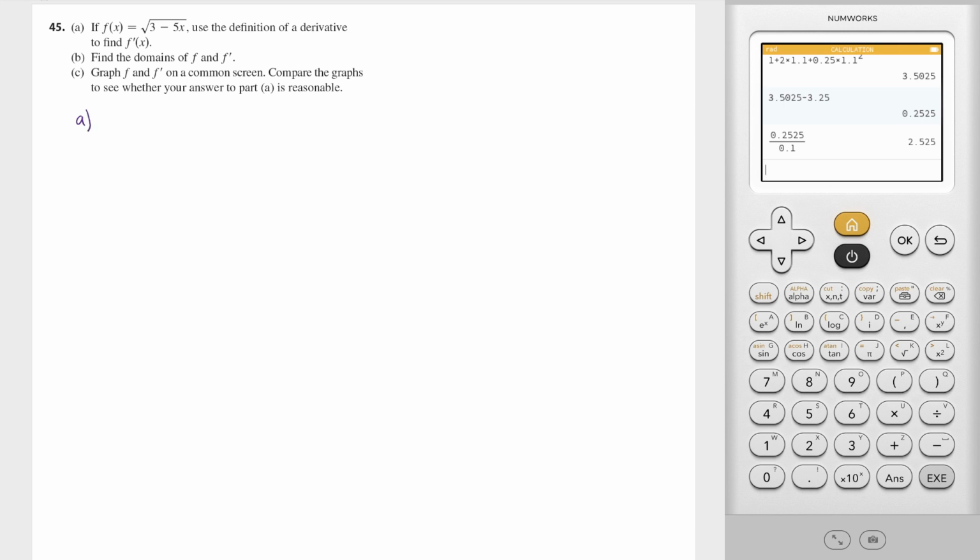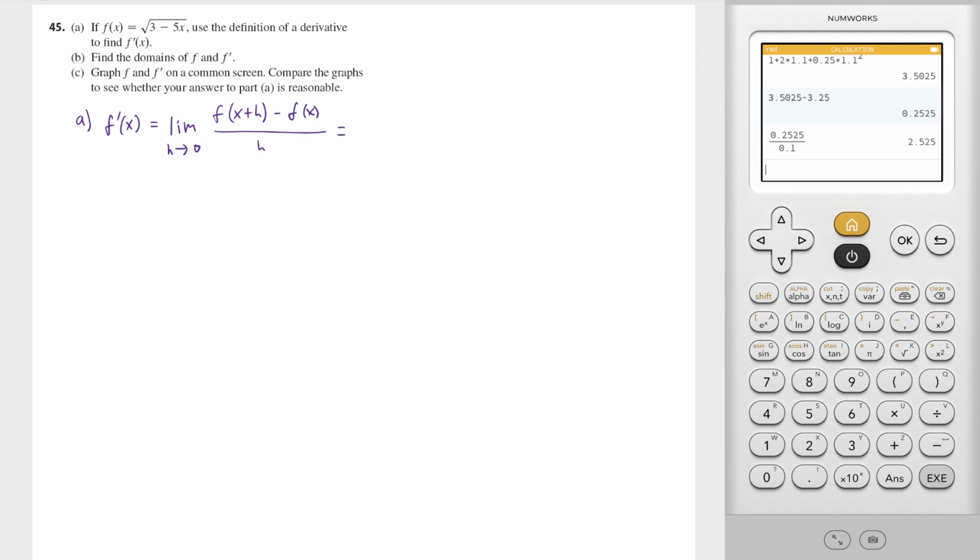Part A says use the definition of the derivative to find f prime of x. So we're not finding the derivative at a single point, we're finding the derivative of the whole function. I'm going to use my difference quotient: the derivative f prime of x is equal to the limit as h goes to 0 of f of x plus h minus f of x, all divided by h.